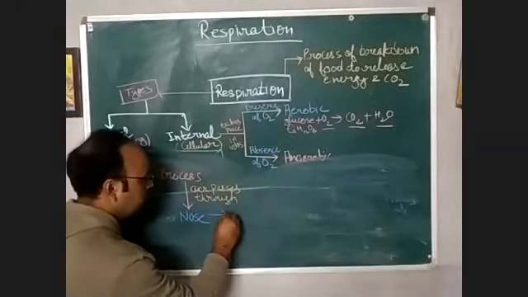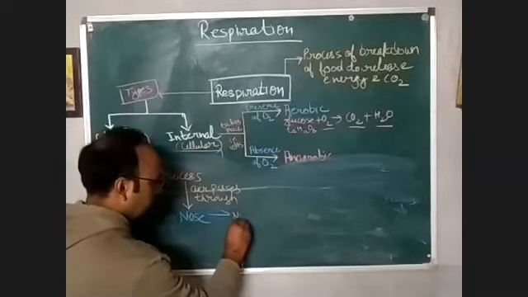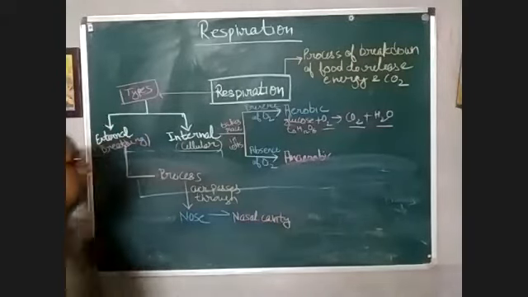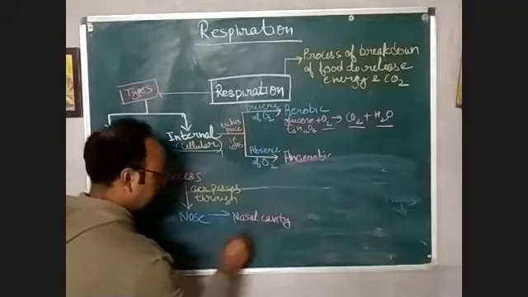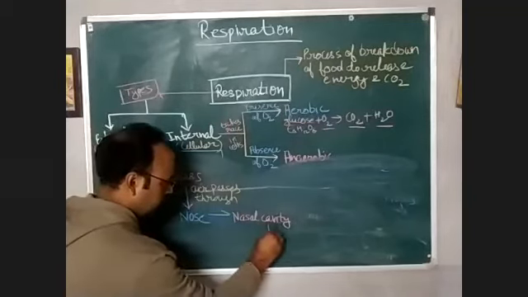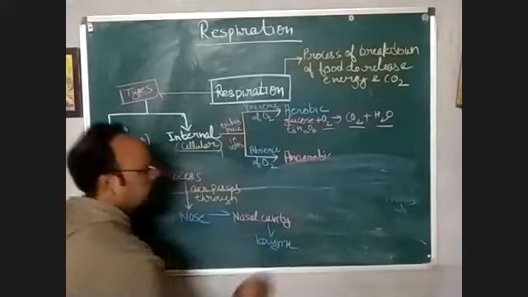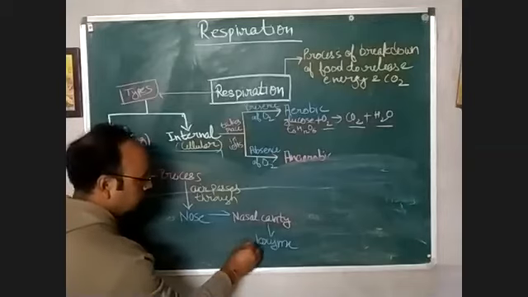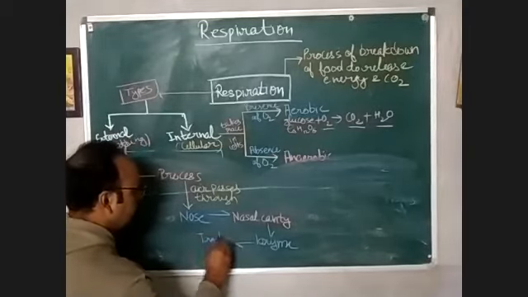Then from the nose it goes to the nasal cavity, then to the larynx, then to the trachea, or we can say windpipe.